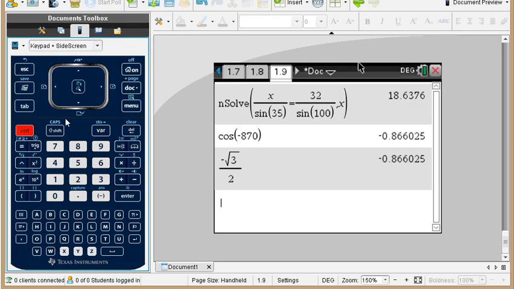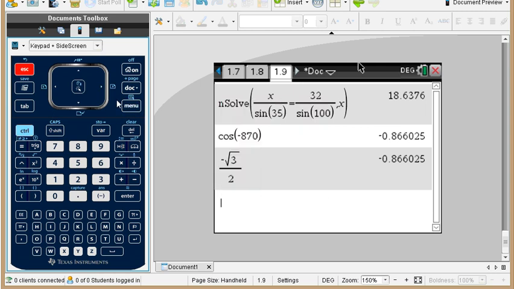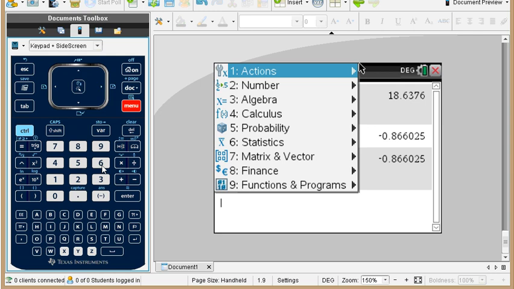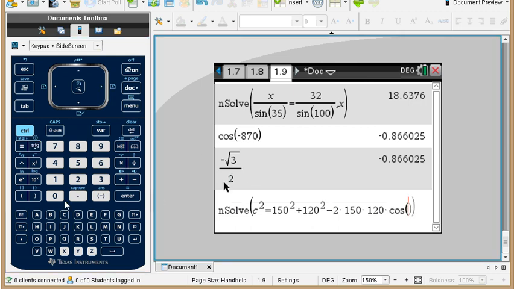We will say c squared equals 150 squared plus 120 squared minus 2 times 150 times 120 times cosine 110 degrees. And we go outside here. We're solving for c, so we put in comma c, make sure that we are in degrees, and we get 221.84.